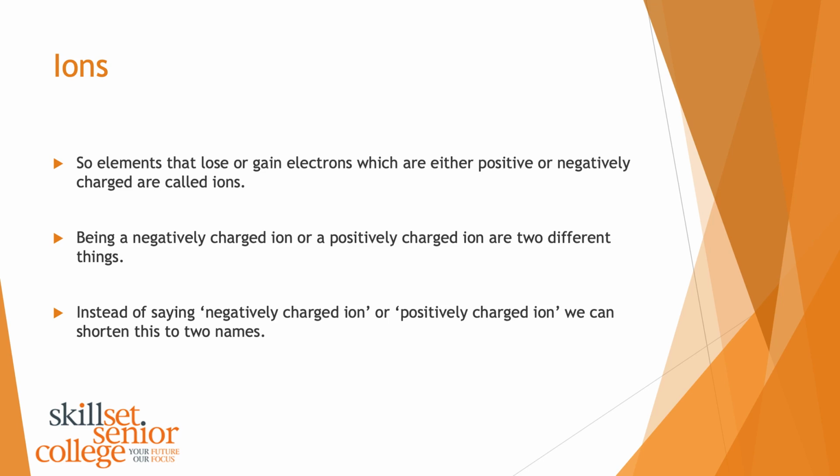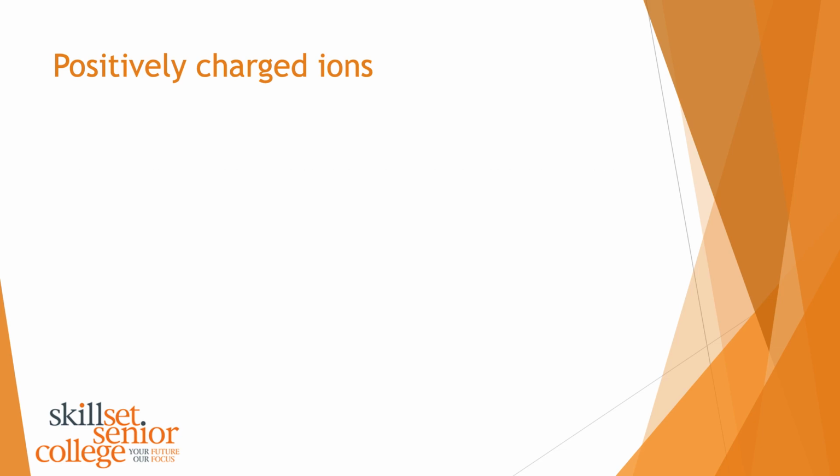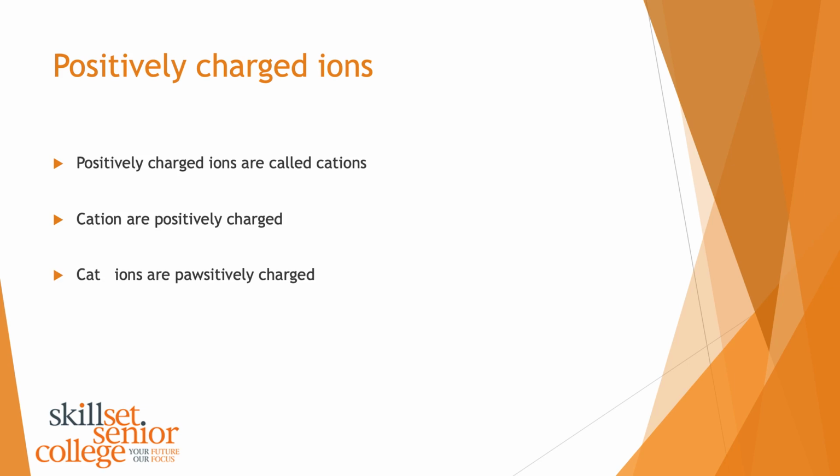And I'm hoping you've missed my memory aids from last year, swag and everything else. So I've got another one here. Positively charged ions are called cations, or cations, depending how you want to pronounce it. So positively charged ions are called cations. I couldn't resist, if we're talking about cats. Cations are positively charged.